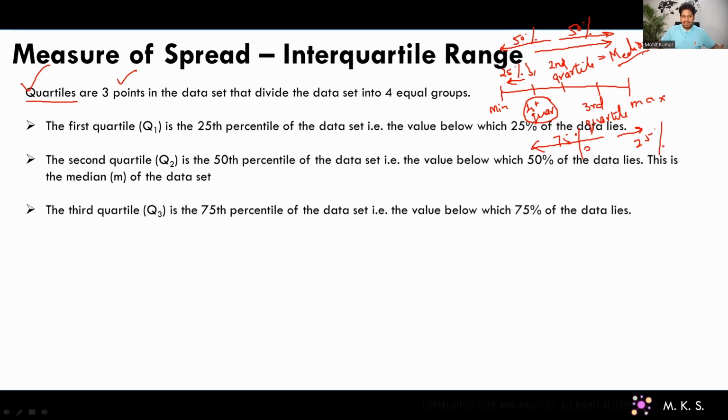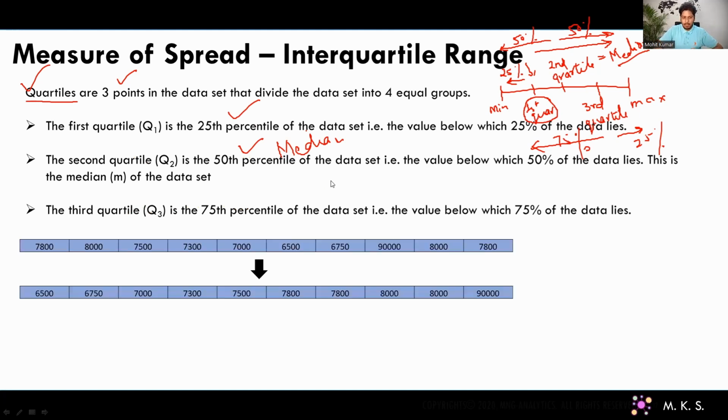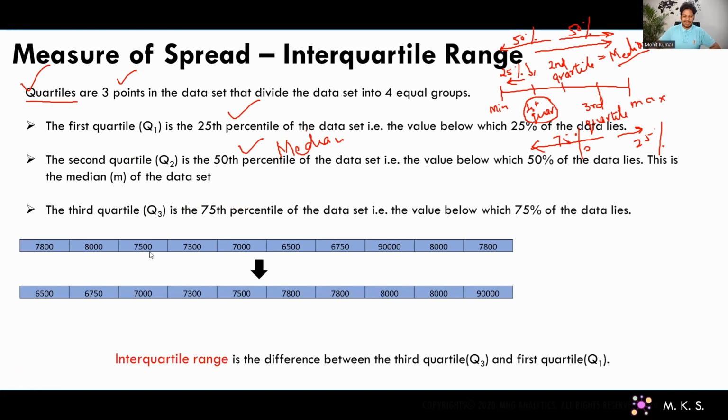So the first quartile, in terms of percentile, is the 25th percentile. Similarly, the second quartile is the 50th percentile, which is nothing but the median. The third quartile is your 75th percentile of the data. This is how we define quartiles. Now the interquartile range is nothing but the difference of the third quartile and the first quartile.